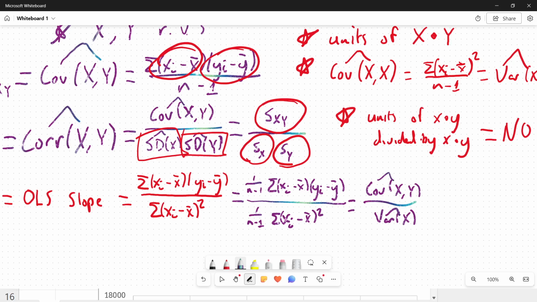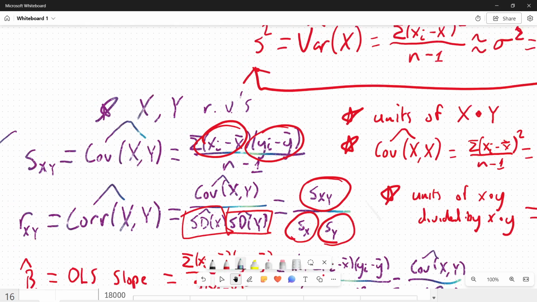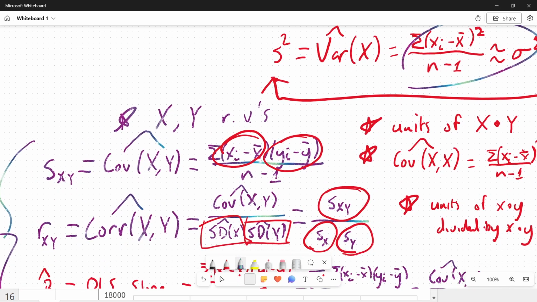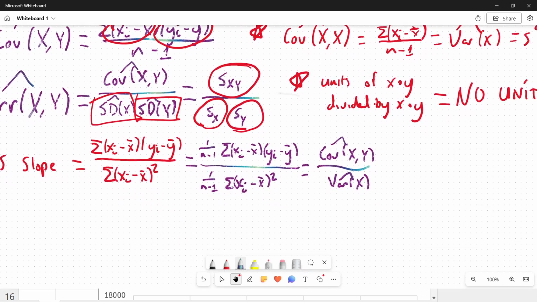In a previous video, I mentioned that there was a special case where this n minus 1 degrees of freedom correction that shows up in variance and gets inherited by standard deviation because it shows up in variance, and then shows up again in covariance. There is a special case where it doesn't matter.